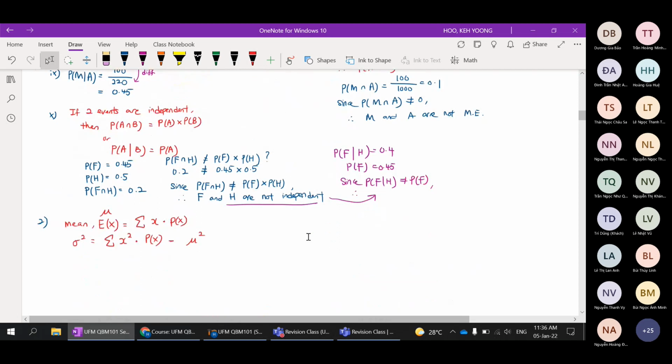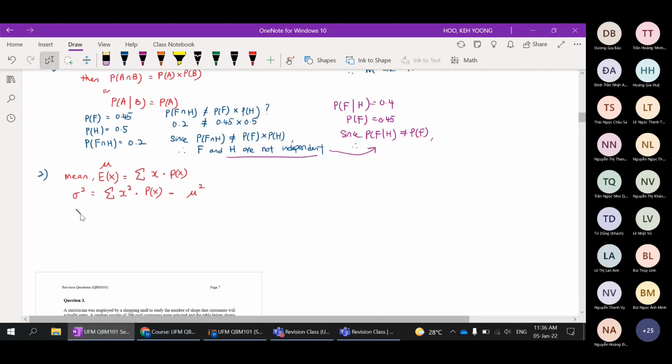Based on the table, let's reconstruct it. The table given is in rows, and we can convert it to columns, which is easier for calculations. P(x) is the probability for each value of x.